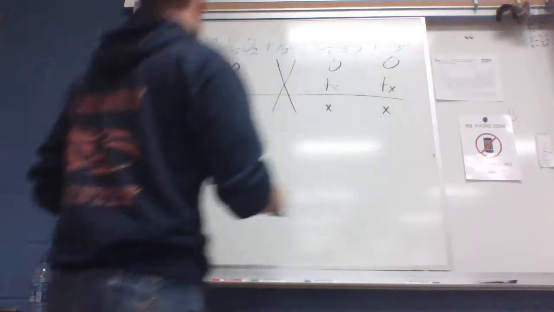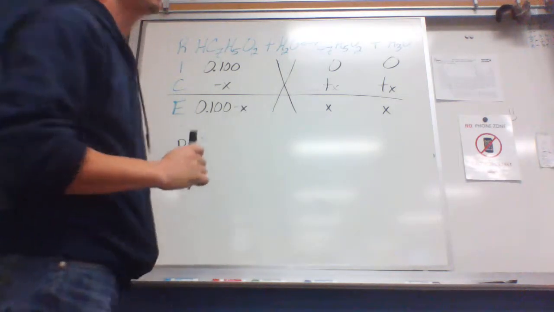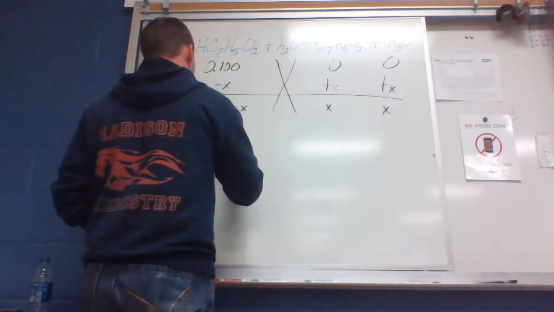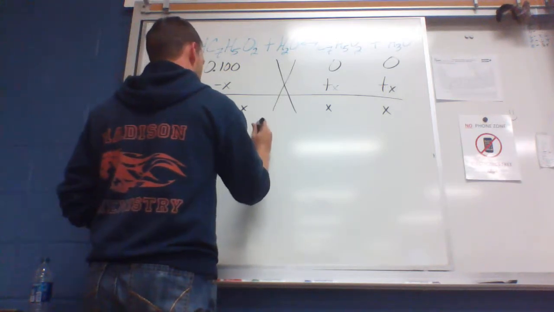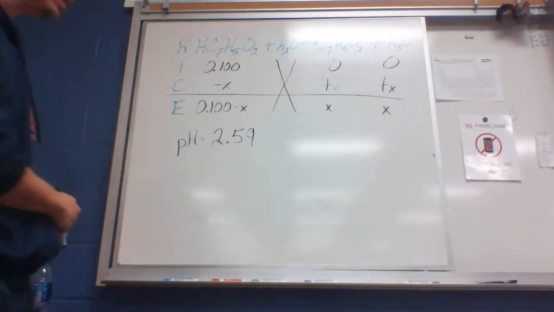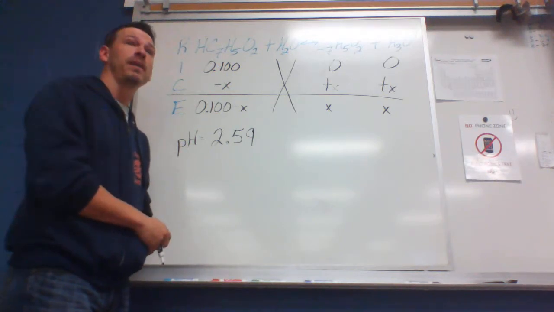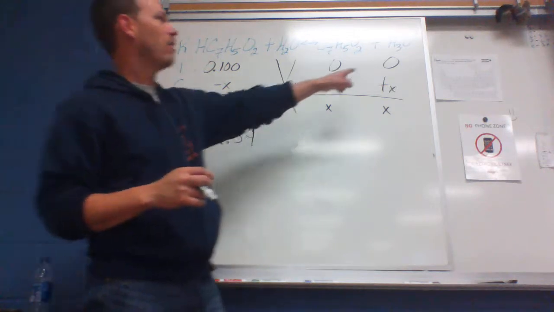In this case, it gives me a pH. It says pH equals 2.59. Hey, what can I get from that number that would be helpful in the RICE table? I can get the concentration of the hydronium.